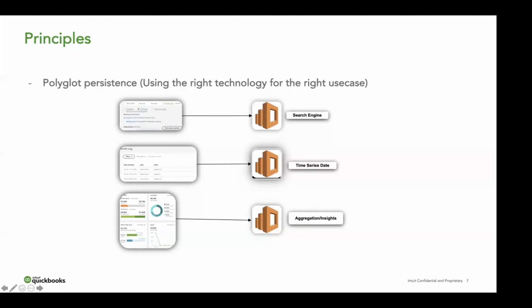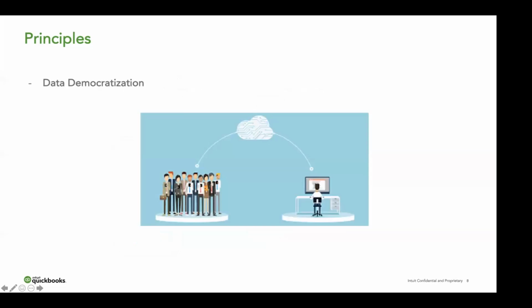And the fourth one is data democratization. This basically means that the data is available for anyone and everyone to use. There are no restrictions on the data. There's no gatekeeping on the data.